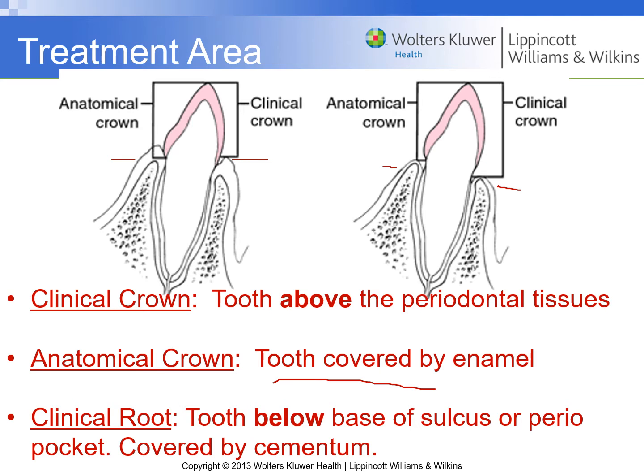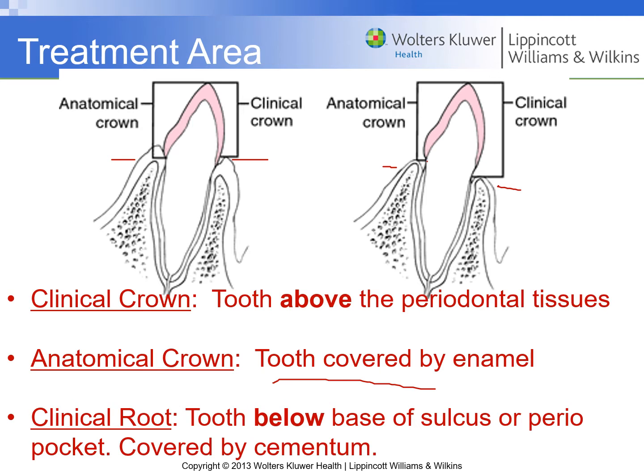So the anatomical crown is still going to be at the same place. It's just that the gingiva has receded. So it's going to be the tooth covered by enamel, which is anatomically correct. The clinical crown is going to be from the top of the gingiva to the top of the tooth. And so this side is going to include some root surface on it also due to the recession.